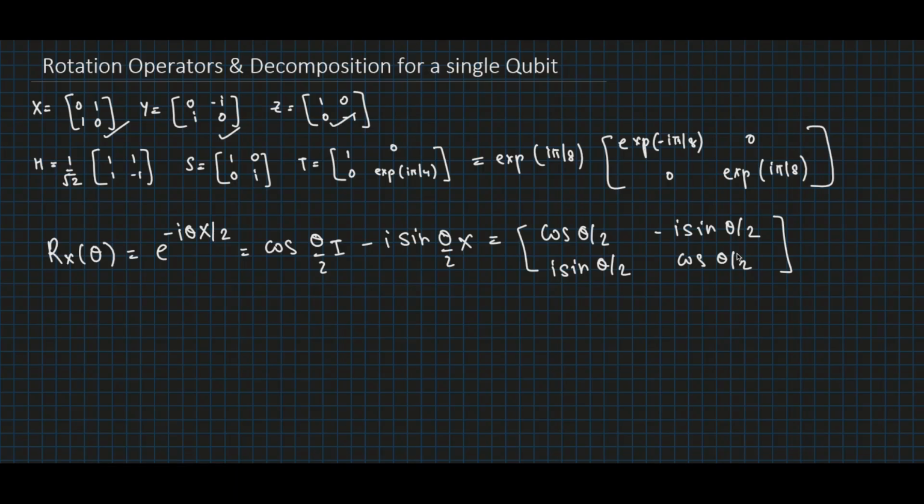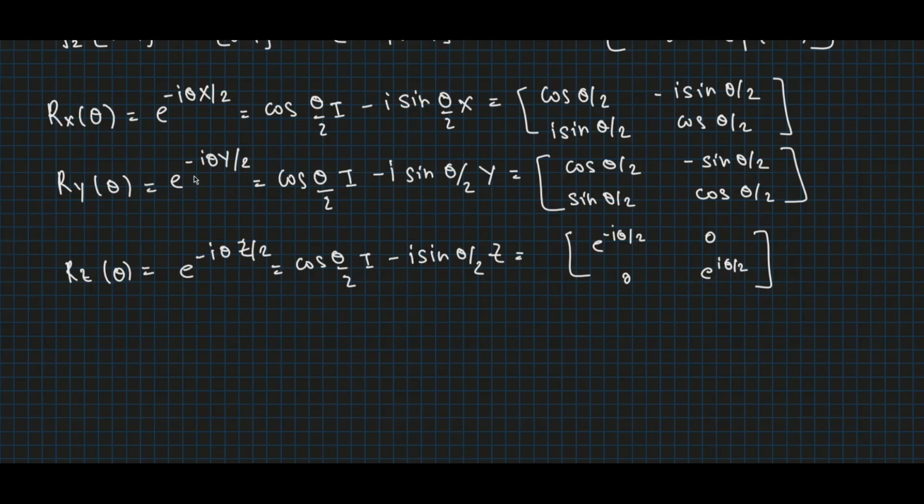Similarly, we have the rotation operators along the y and z axis given by Ry(theta) equal to e raised to minus i theta Y by 2, which is equal to cos theta by 2 I minus i sin theta by 2 Y, given by this matrix, and Rz(theta) equal to e raised to minus i theta Z by 2 equal to cos theta by 2 I minus i sin theta by 2 Z, which is given by this matrix.